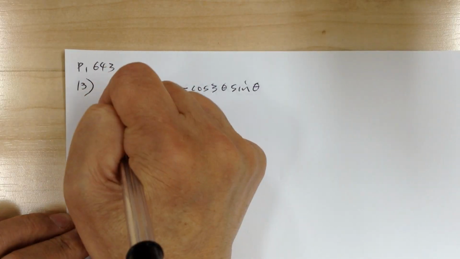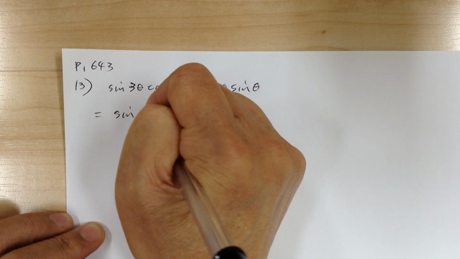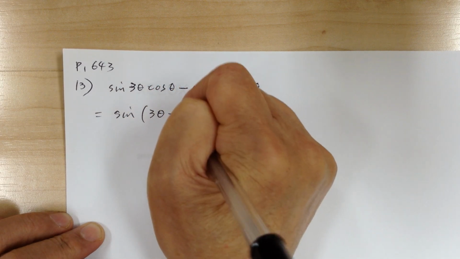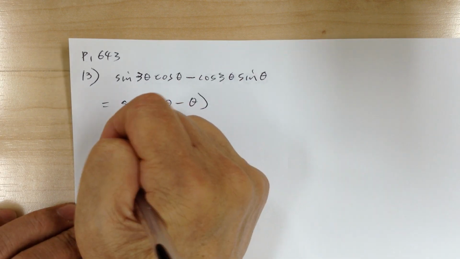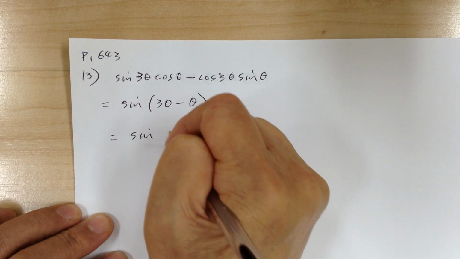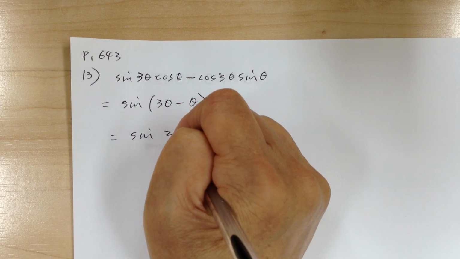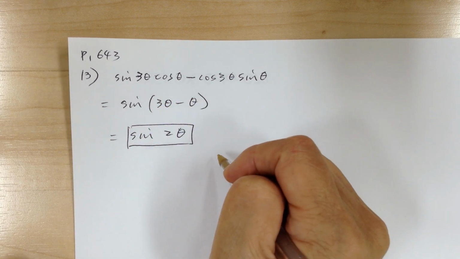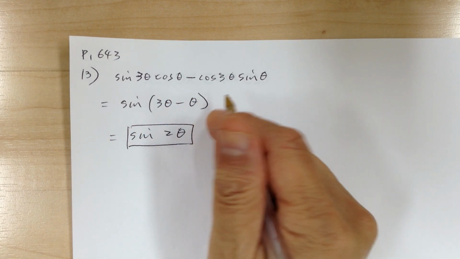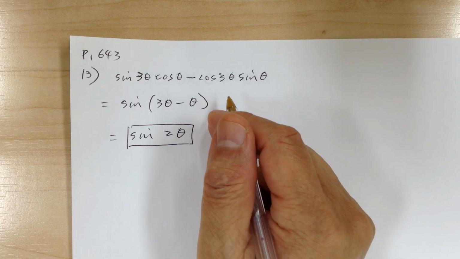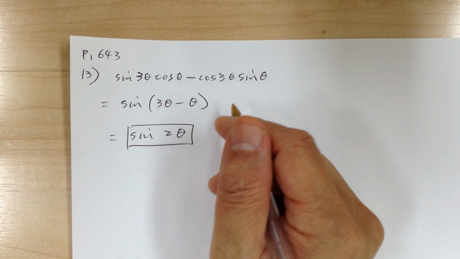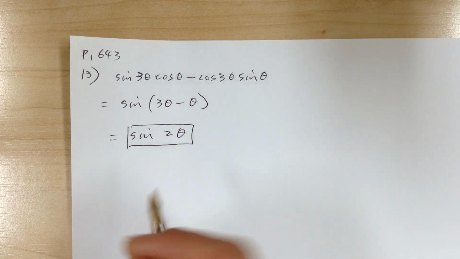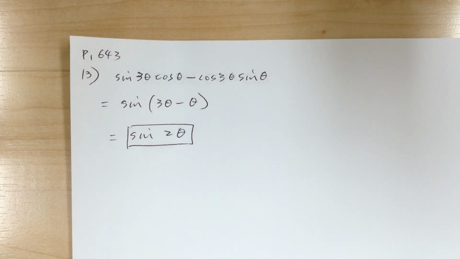So this is equal to sine of the difference of the two angles, which would be 3 theta minus 1 theta. And so this is equal to sine of 2 theta. There's no number for you to evaluate, so you cannot do the next part. So that's it for this one.